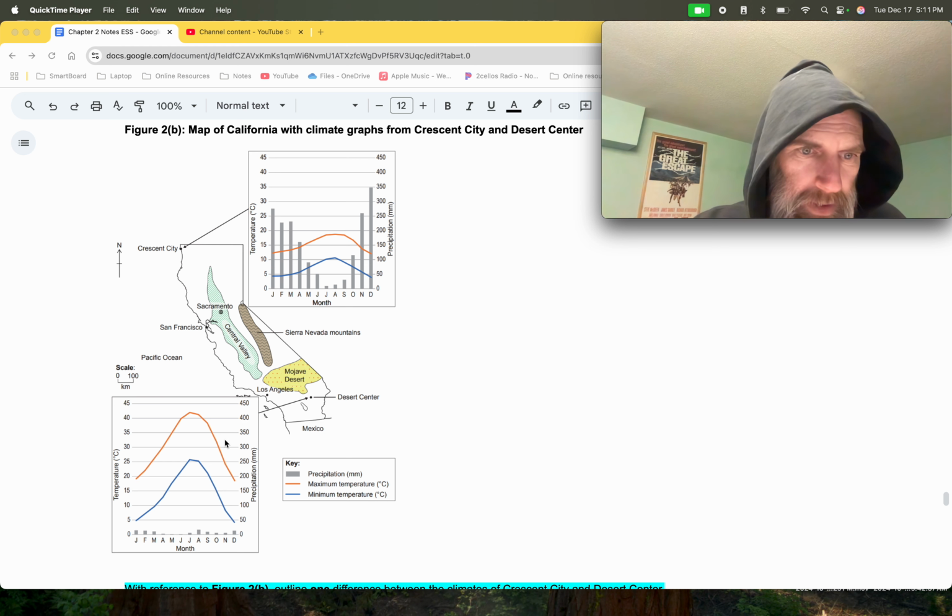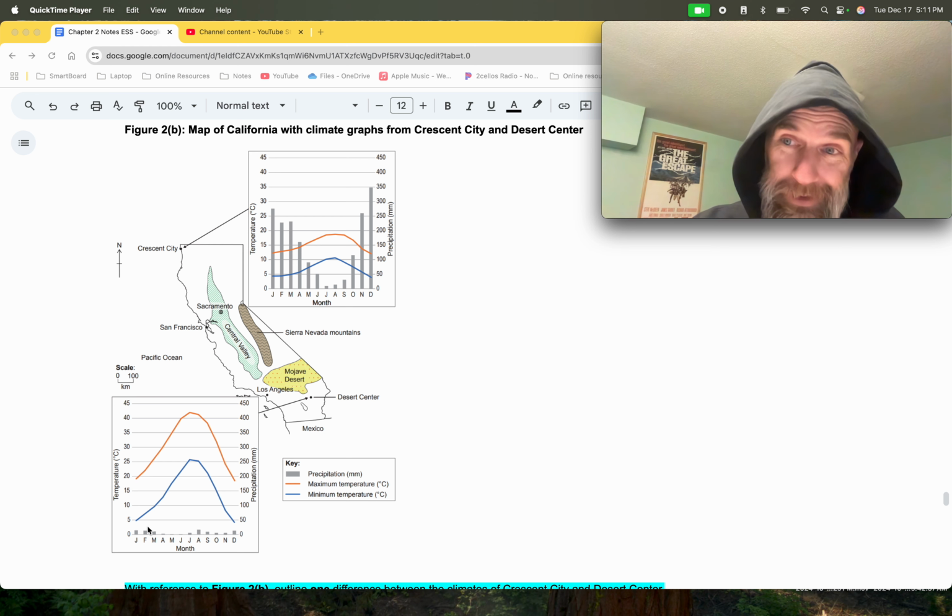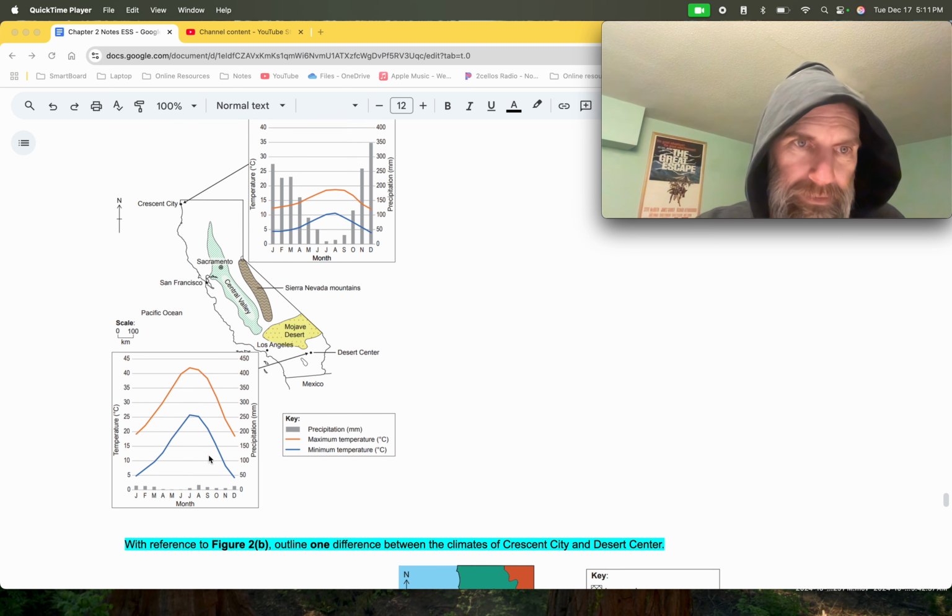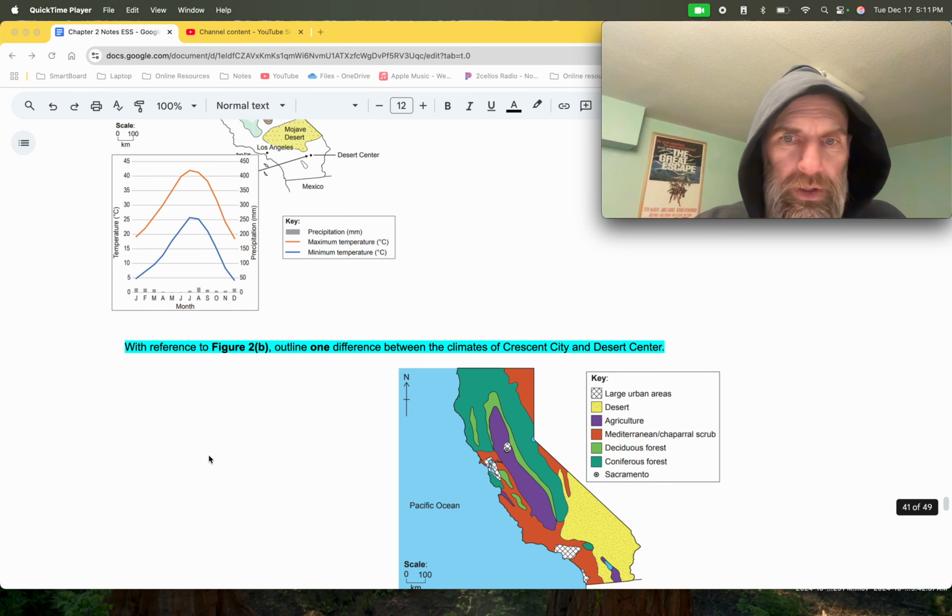Now, precipitation right here in Desert Center, as you can see, precipitation levels are pretty darn low the whole time, but it's lowest right at the start of summer. And the temperature is highest during July and August. So, all right, now we got that covered.